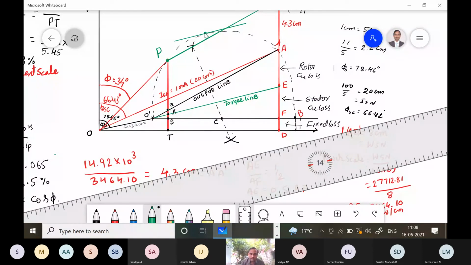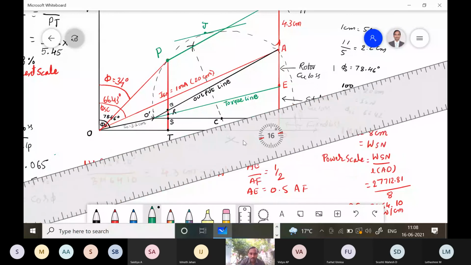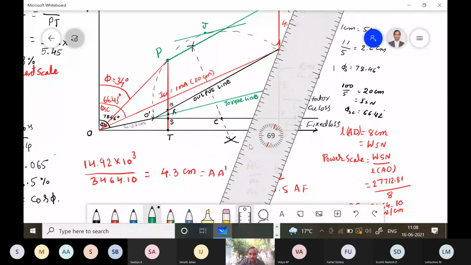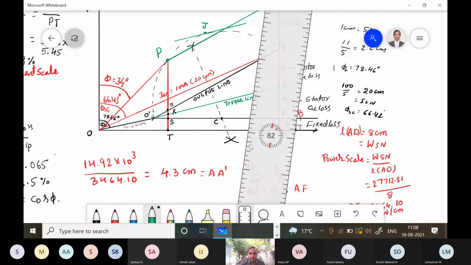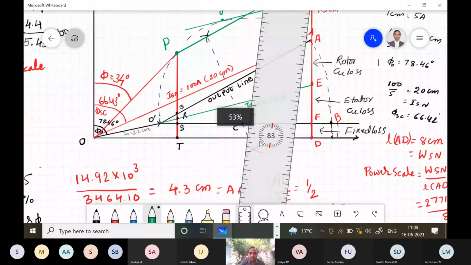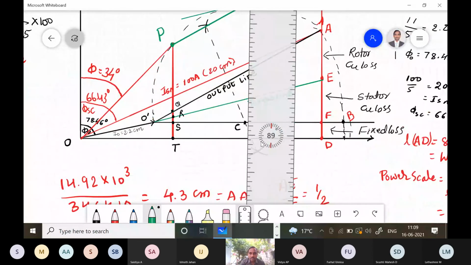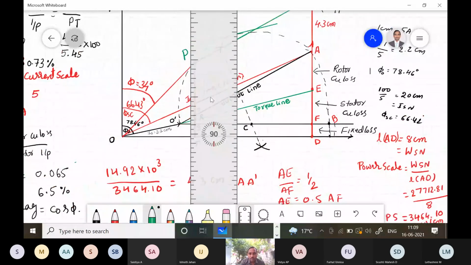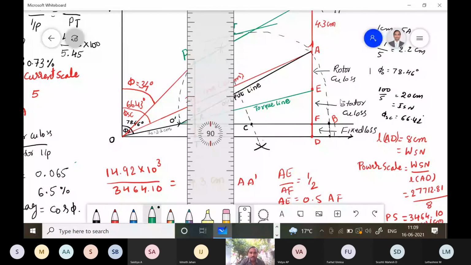Mark that point as the J point. From that J point, draw a perpendicular line and it will meet the torque line.